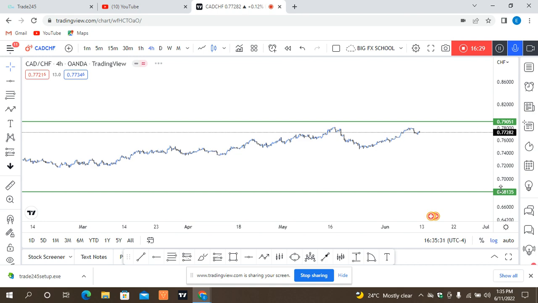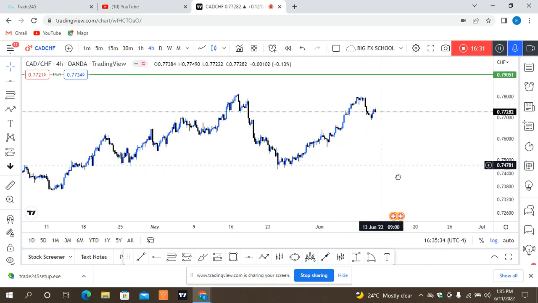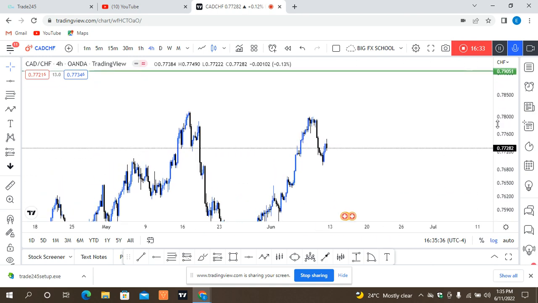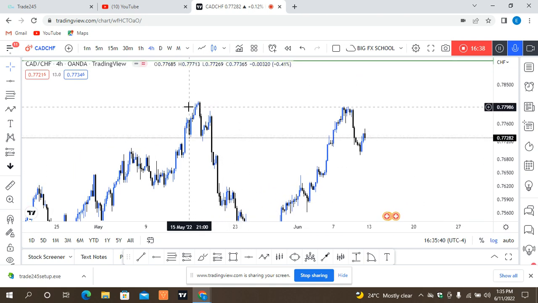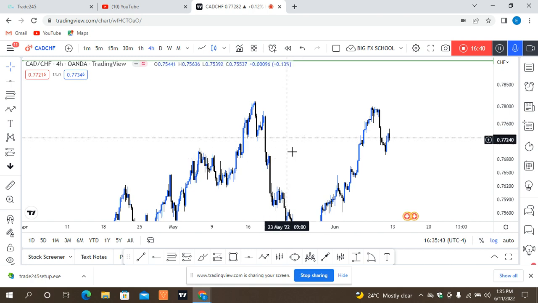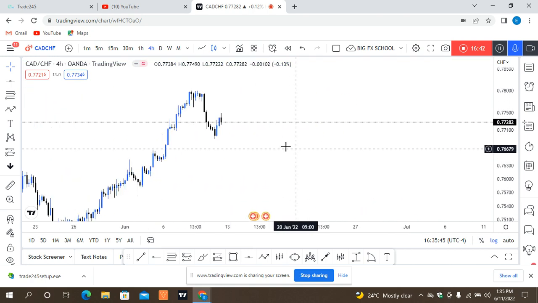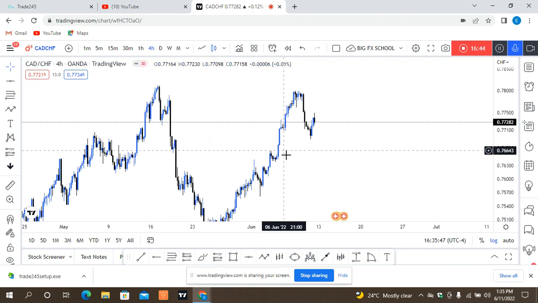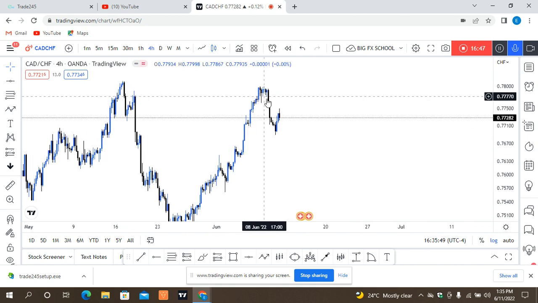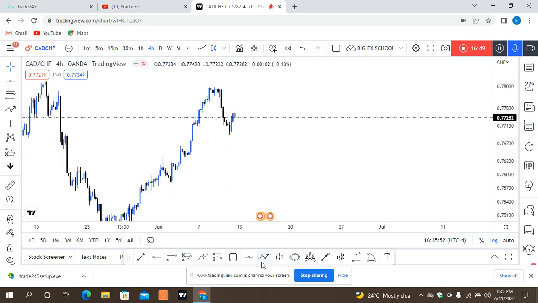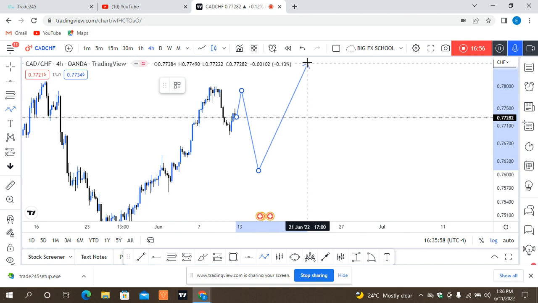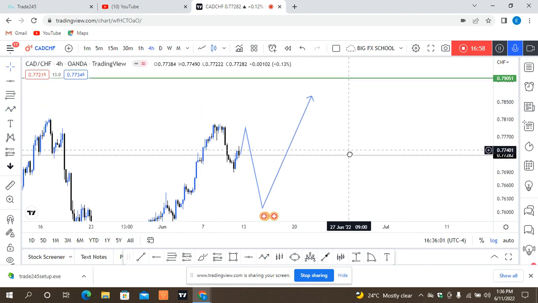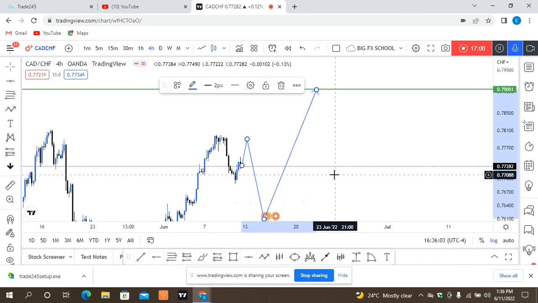So when we come into the 4-hour time frame, what you can see here, there is some setup here, like the market has broken this level. So we can go up and then short down maybe to this level before going up to touch that zone.